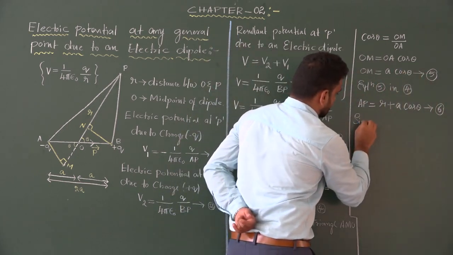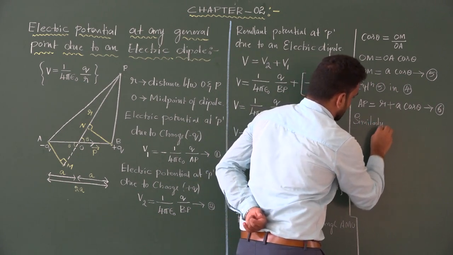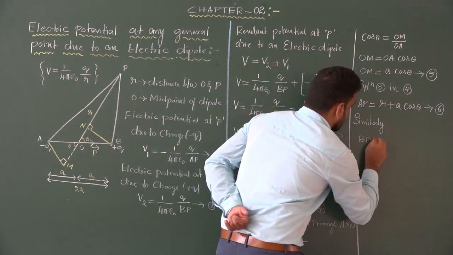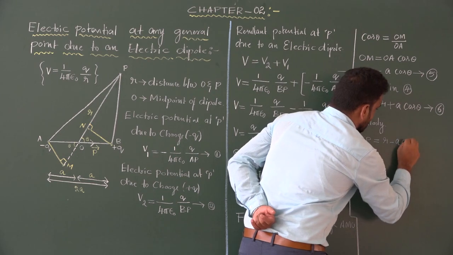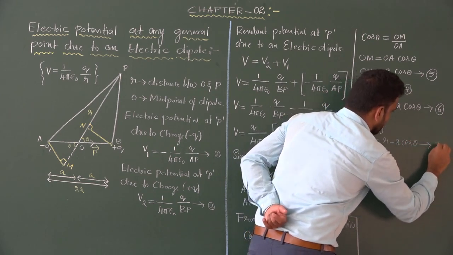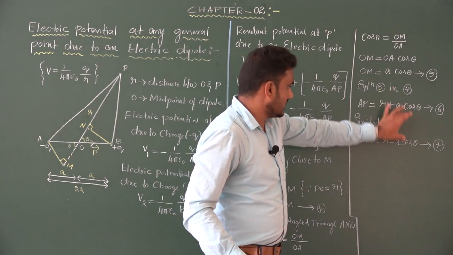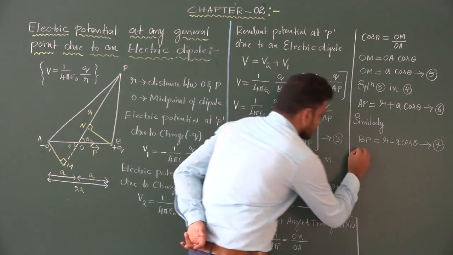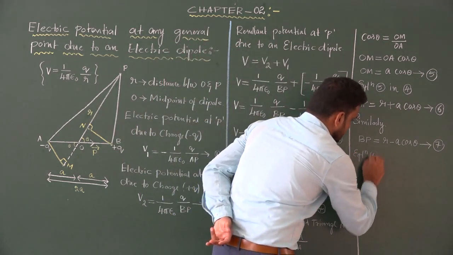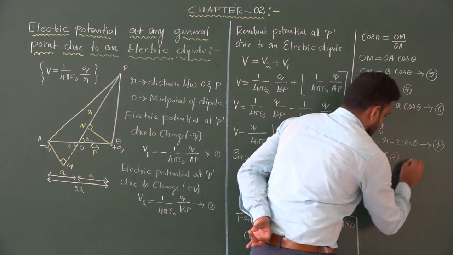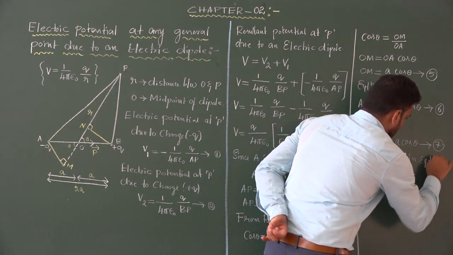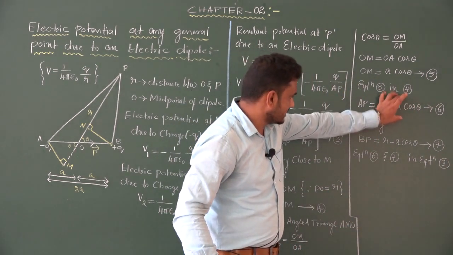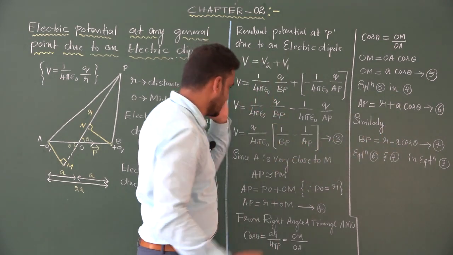Similarly, it can be obtained that BP is equal to R minus a cos theta, equation number 7. Now equations 6 and 7 we are going to substitute in equation number 3.